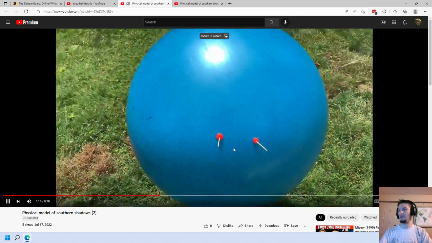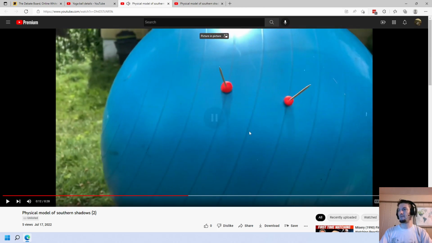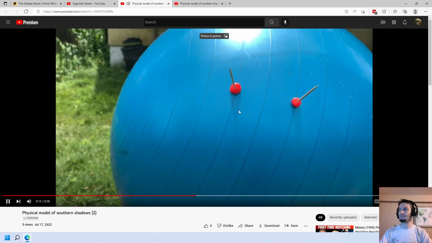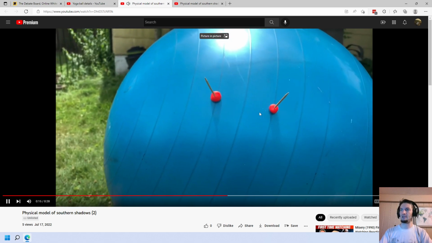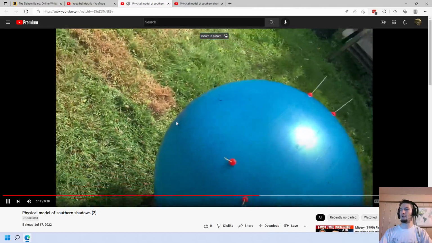And as I come over here, you can see that the shadows from these markers, these shadows are pointing south of due west for both of these locations. And what I do next is I rotate my camera somewhat.